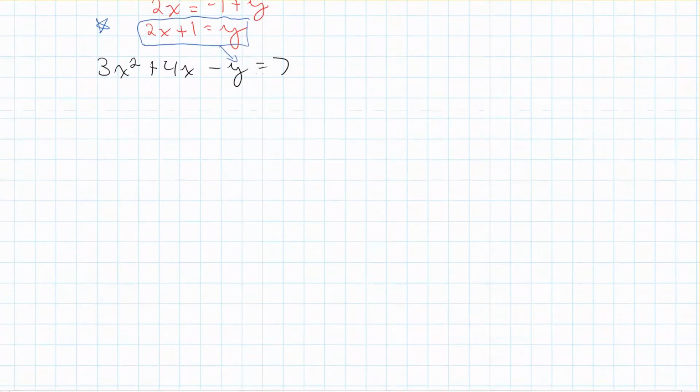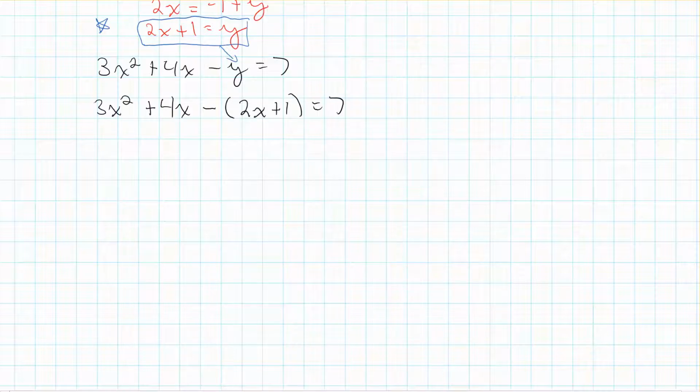Now, a common mistake people make is they forget to use parentheses, and then they lose negatives and all sorts of other things. So 3x squared plus 4x minus the quantity 2x plus 1 equals 7. Then we'll just go ahead and simplify that. So we have 3x squared, plus 4x minus 2x, so that would be plus 2x minus 1 equals 7.